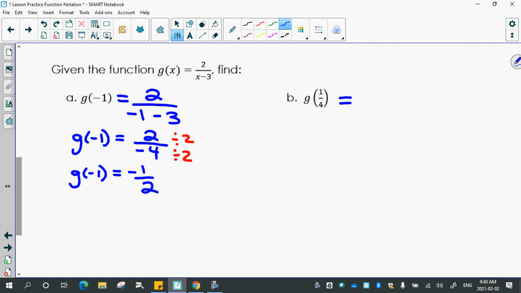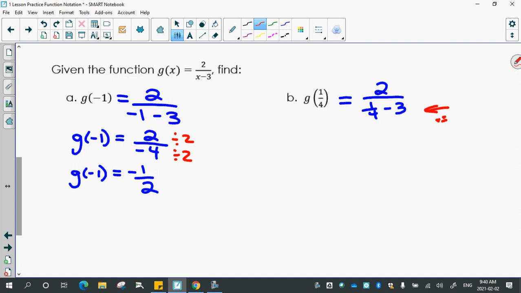So it's still going to start off the same, where we replace x with 1/4. So now I've got what I call a 3-layer fraction, okay? And a 3-layer fraction is never considered to be simplified. So I'm going to look at the denominator, and I'm going to do that subtraction.